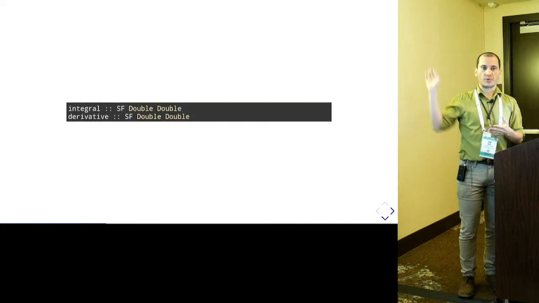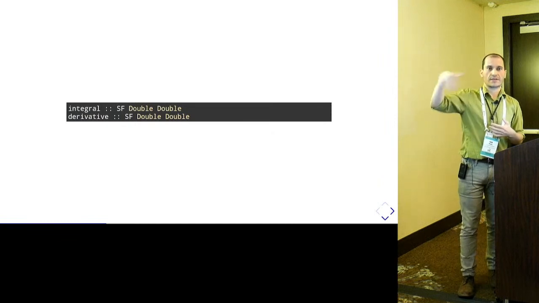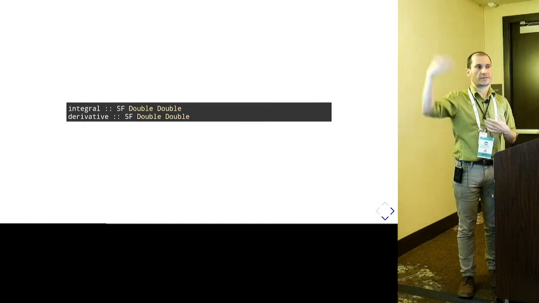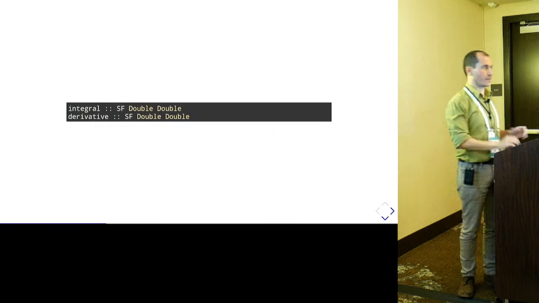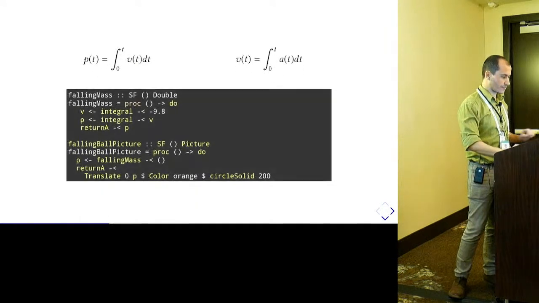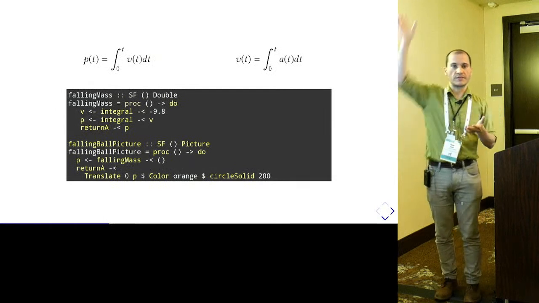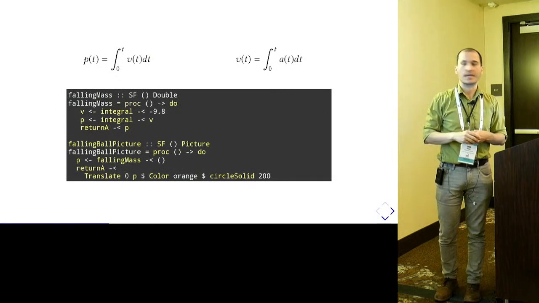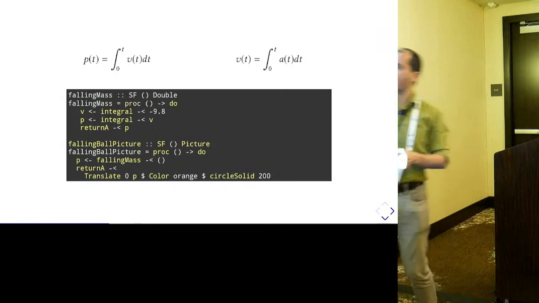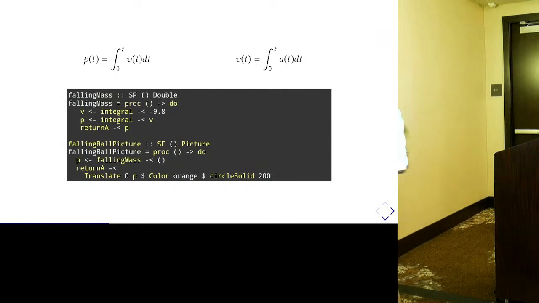So if you put in an input signal, out comes the integral or the derivative of that signal, the approximation of the integral or derivative. So we all know from physics, for something that falls from the sky, the velocity is the integral of the acceleration, and the position is the integral of the velocity. That's the vertical position, right?